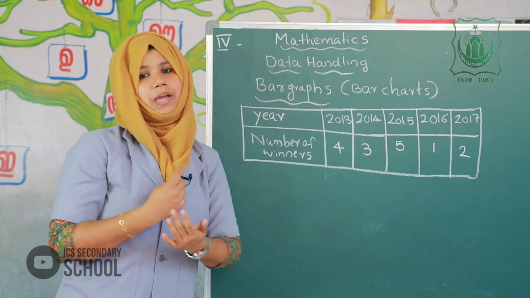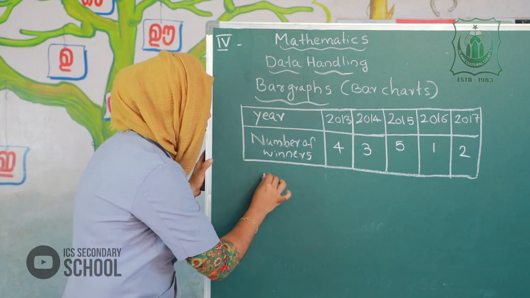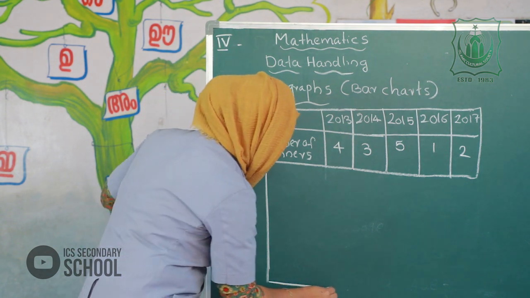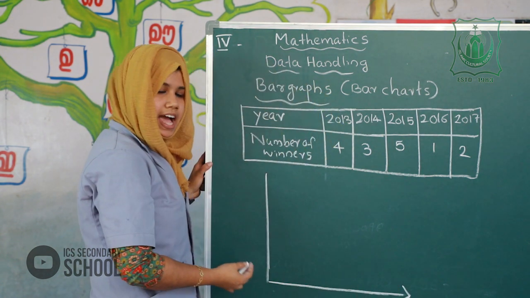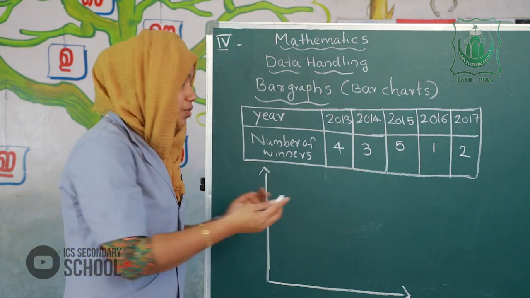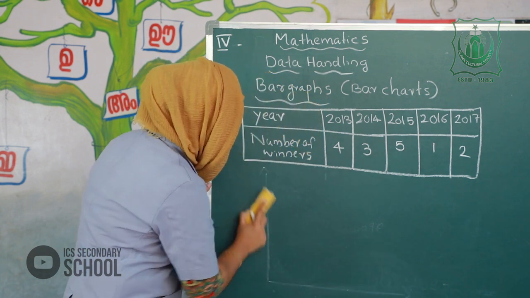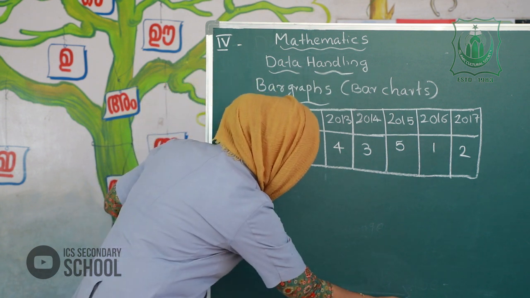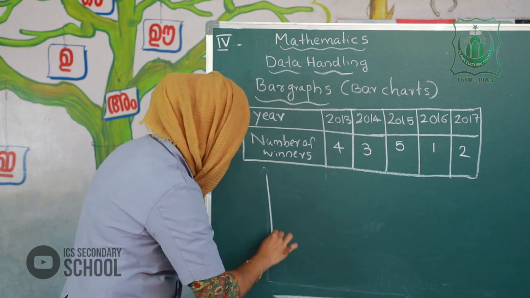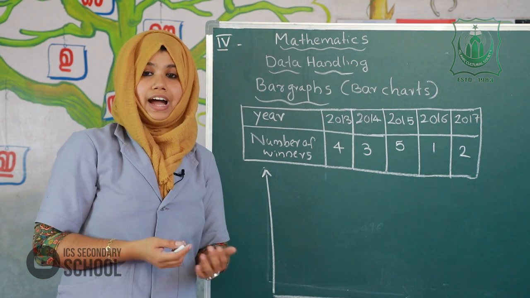And how to make a bar graph by using this information? All of you listen here. This is a horizontal line and this is a vertical line. If you make a bar graph, first you draw a horizontal and vertical line. Next, we have to write the titles.